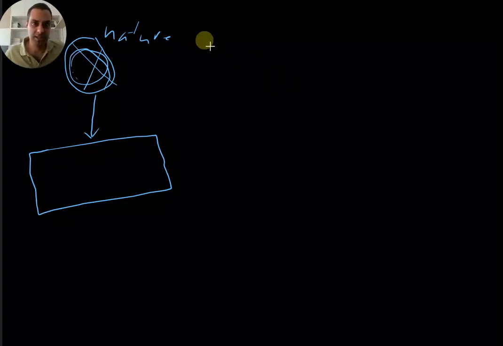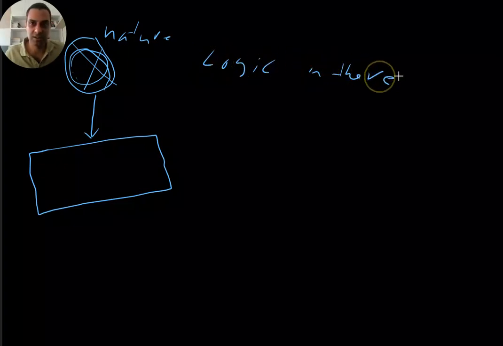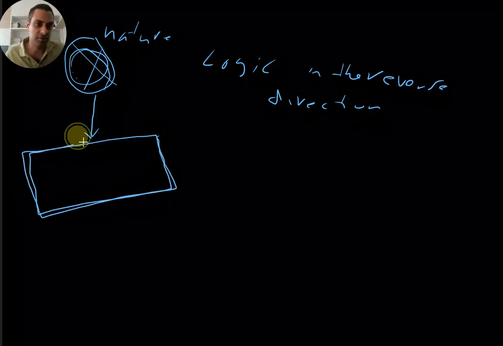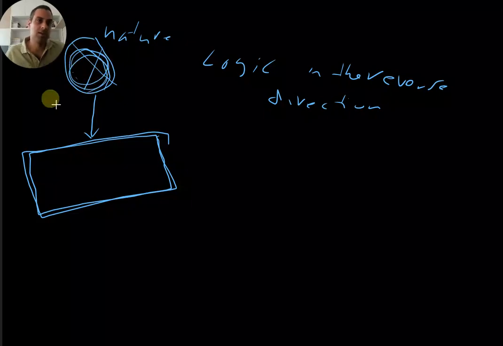So I call this logic in the reverse direction. So instead of constructing a structure from axioms that eventually contains different expressions, the goal here is to observe something, to construct a math structure that contains that expression or observation.